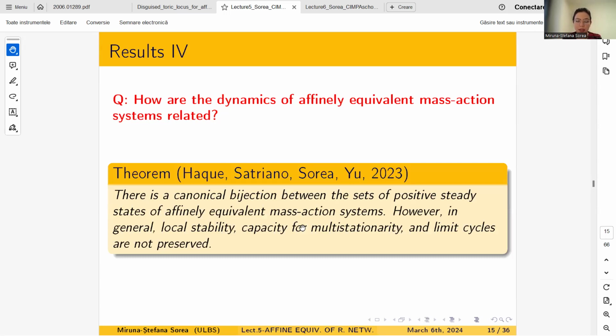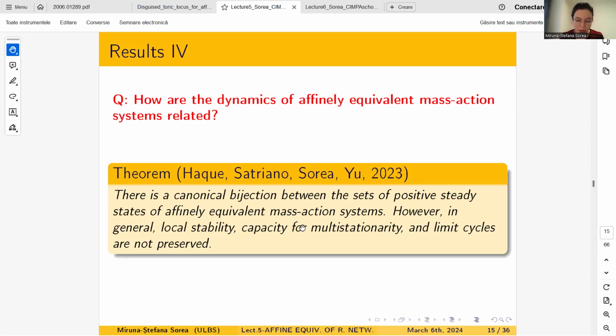We proved with Hake, Satriano, and you that, there's the good news, there is a canonical bijection, which I will give precisely, between the sets of positive steady states of affinely equivalent mass action systems. So we know that the set of positive steady states is preserved bijectively.